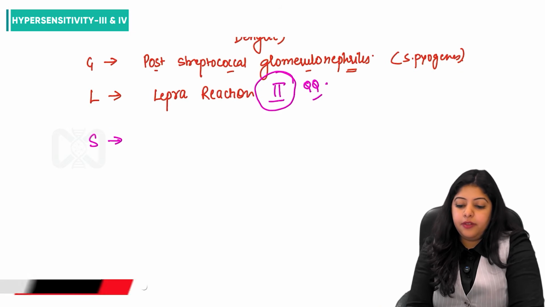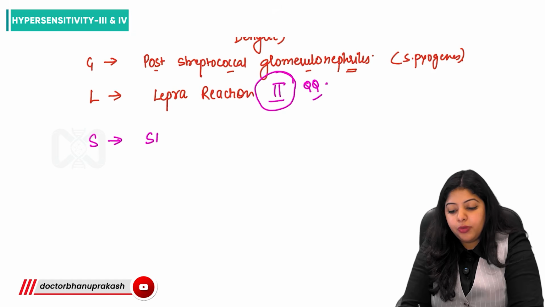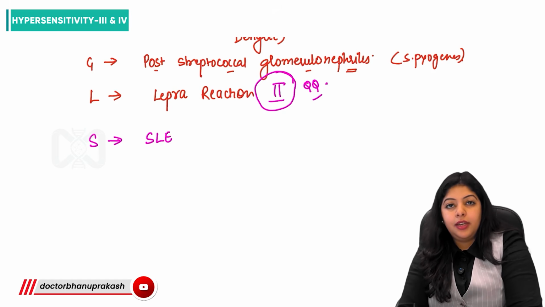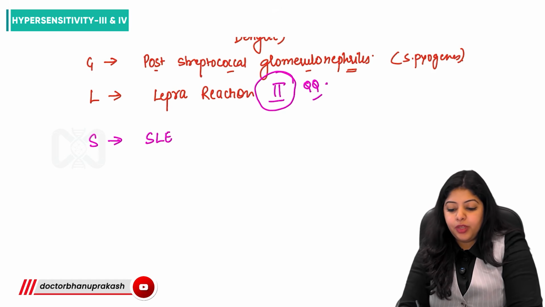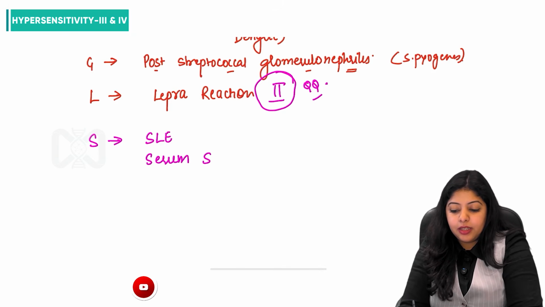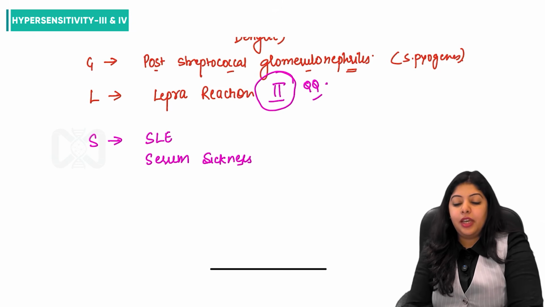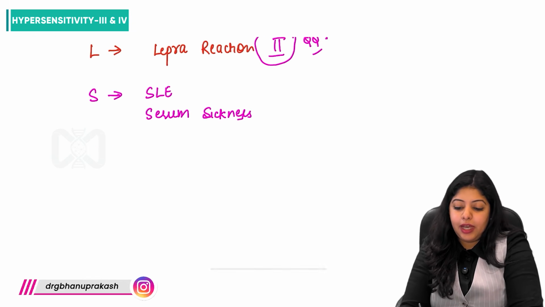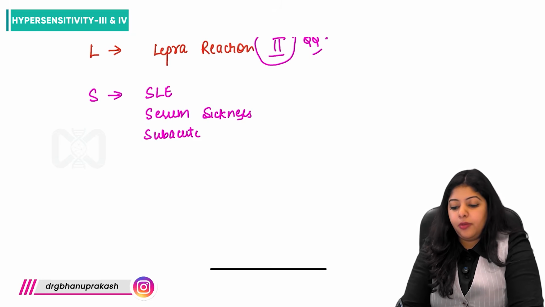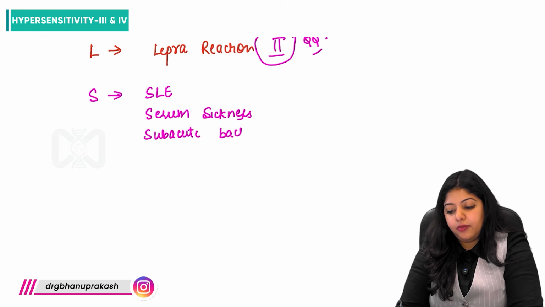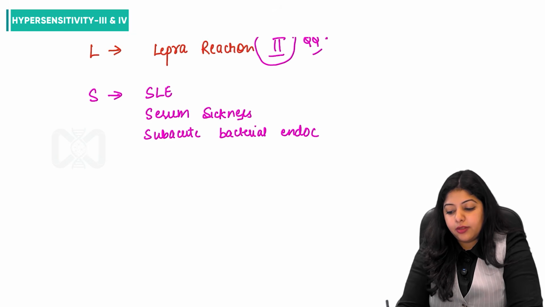Then for S, we have systemic lupus erythematosus, an autoimmune condition. Then we also have serum sickness, right? And with S, we also have subacute bacterial endocarditis.